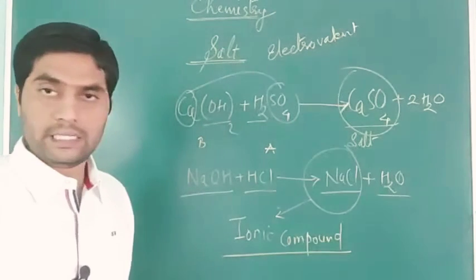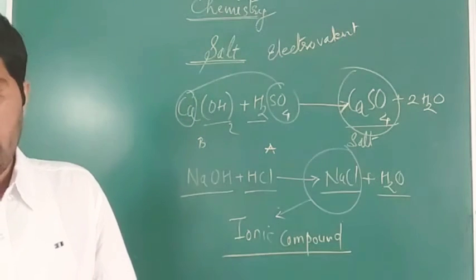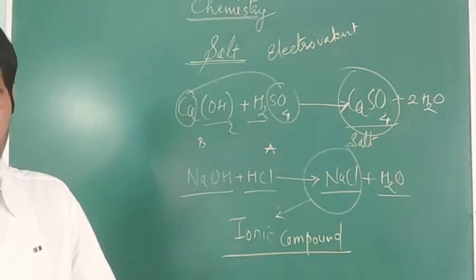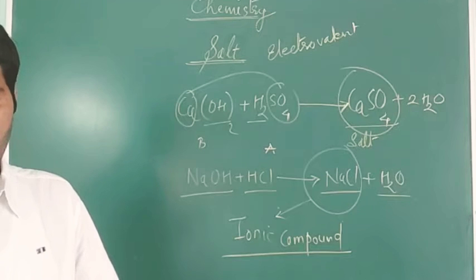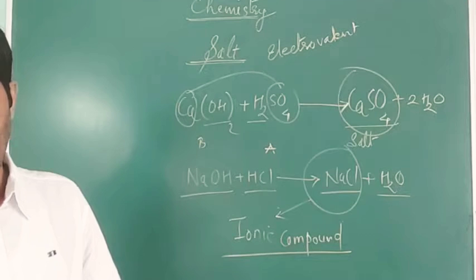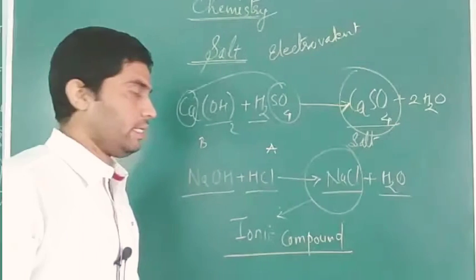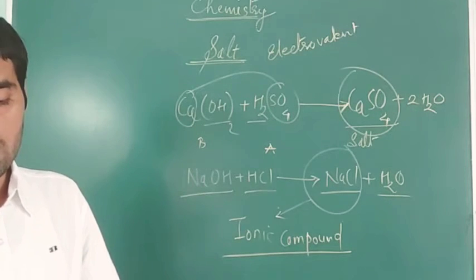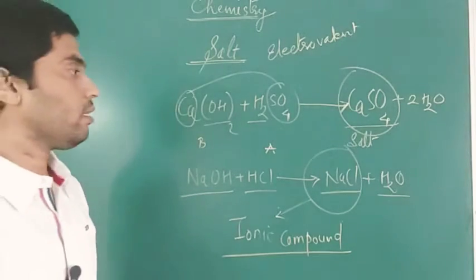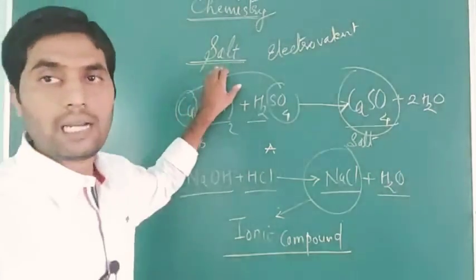Now, a salt is an electrovalent or ionic compound formed by the partial or complete replacement of the replaceable hydrogen ions or atoms of an acid by a metallic ion or ammonium ions. All salts are ionic in nature and strong electrolytes.